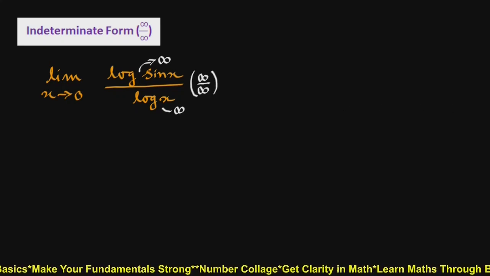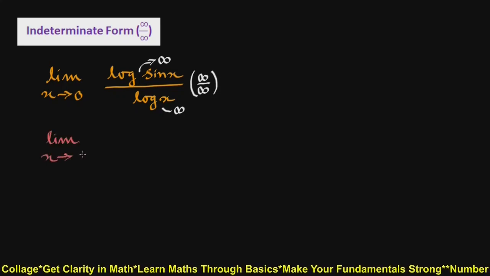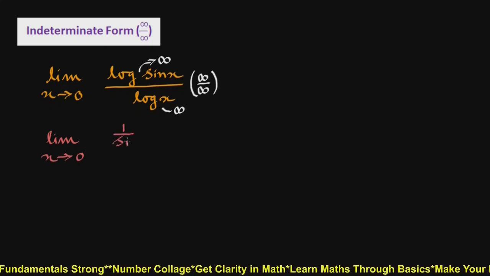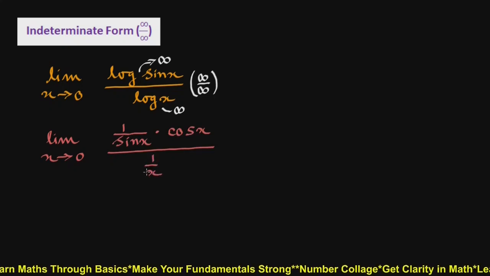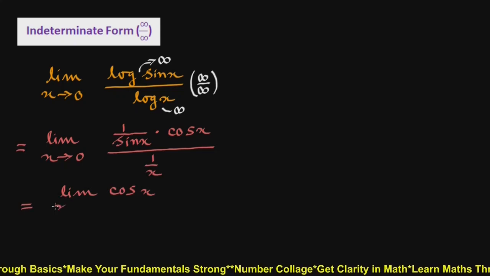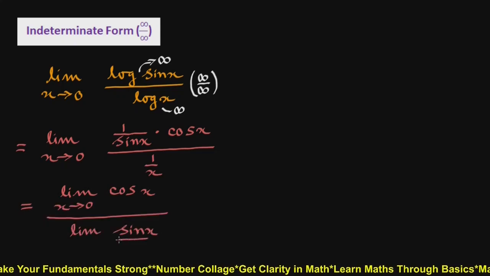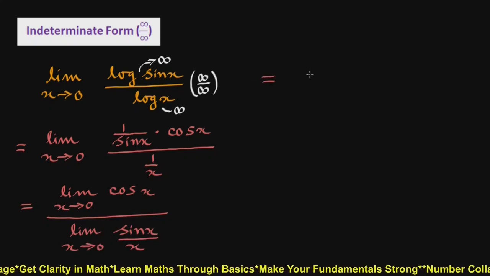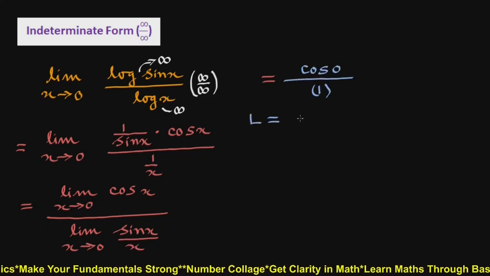We will apply L'Hopital's rule and write limit x tends to 0 derivative of log sin x, 1 upon sin x into cos x, upon derivative of log x, 1 upon x, which is limit cos x as x tends to 0 upon limit sin x upon x as x tends to 0, which is after taking limits cos 0 upon 1. So the limit is 1.